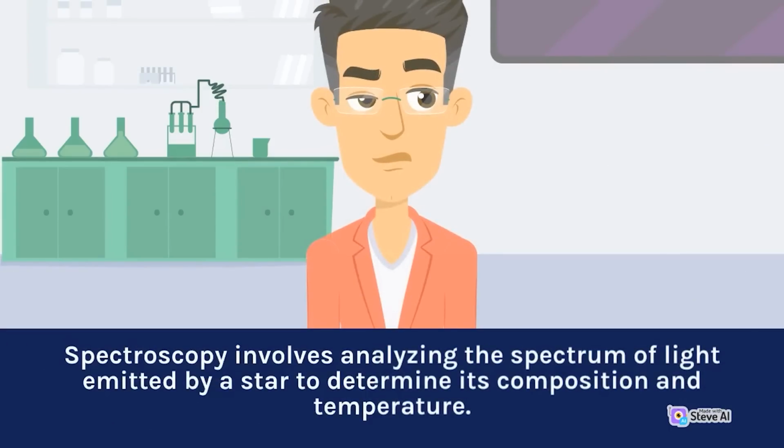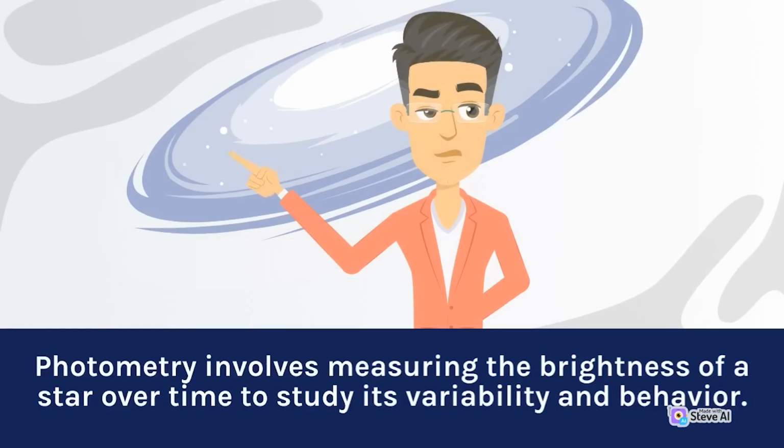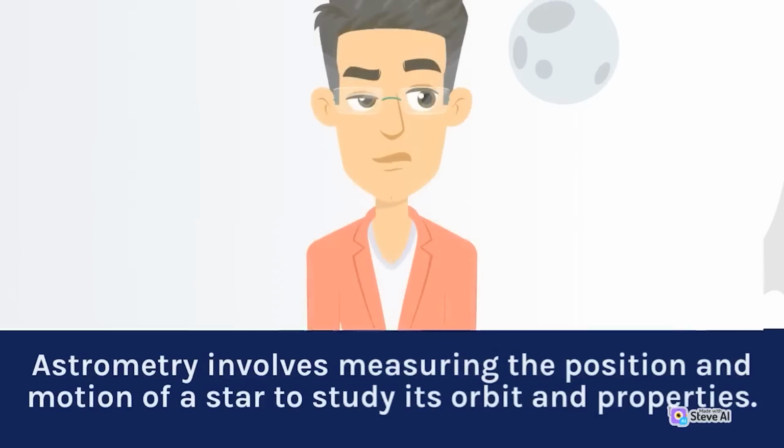Spectroscopy involves analyzing the spectrum of light emitted by a star to determine its composition and temperature. Photometry involves measuring the brightness of a star over time to study its variability and behavior. Astrometry involves measuring the position and motion of a star to study its orbit and properties.